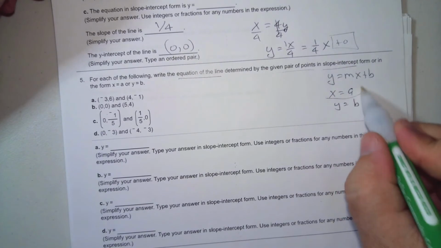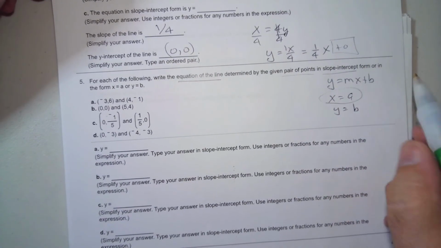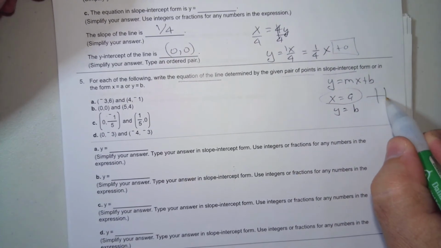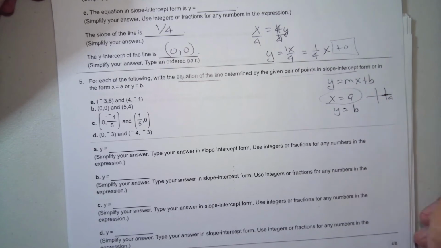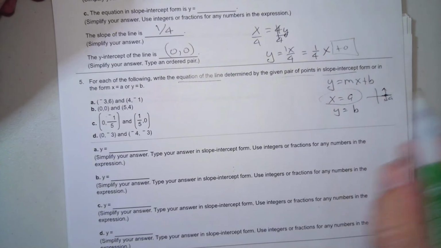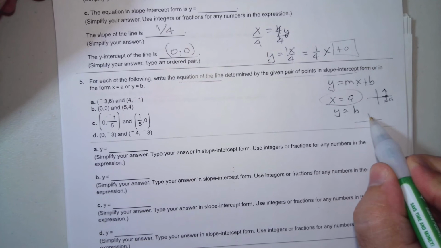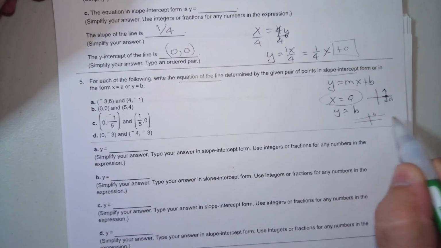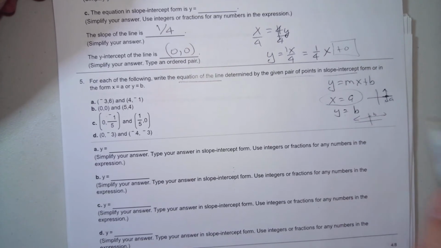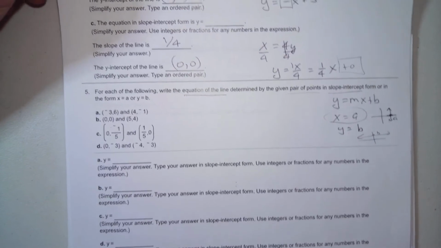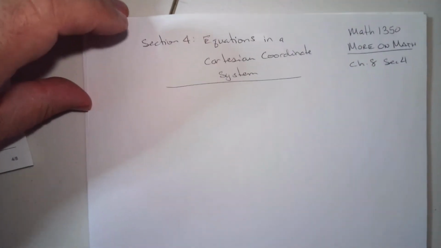This is if there's no y value, it's a vertical line crossing at A. This one, it crosses at B, and it's a horizontal line. There's no x in there. So let's look at these. The first one.